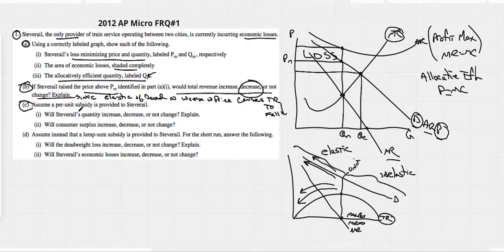All right, assume a per unit subsidy is provided to Steve Rail. Will Steve Rail's quantity increase, decrease, or not change? Recognize that we always answer these the same way. We would say that per unit subsidies are treated like variable costs.